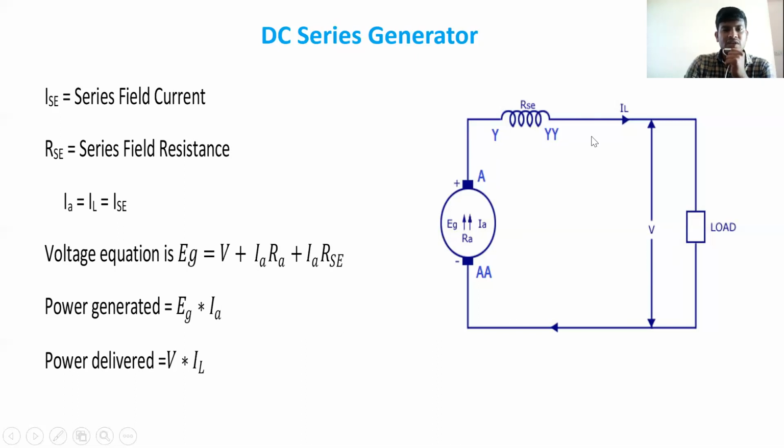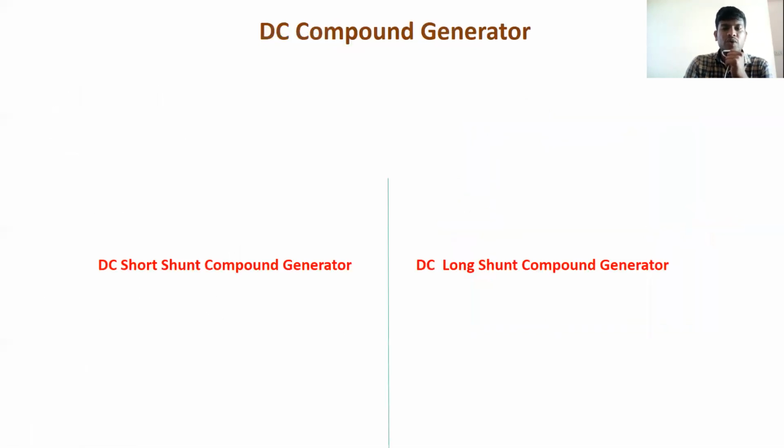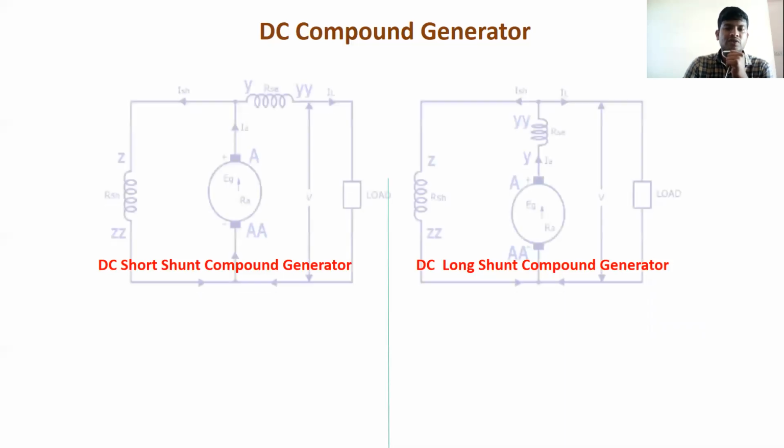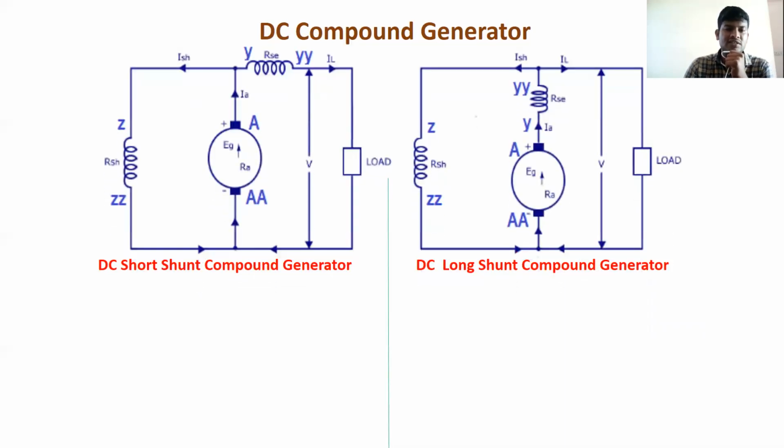Next we can see the DC compound generator. In the DC compound generator, we have two field windings, a combination of series and shunt field windings. How can they be connected? See here in these two figures. In this figure, the series field winding and shunt field winding are combined, that's why it is a compound generator.